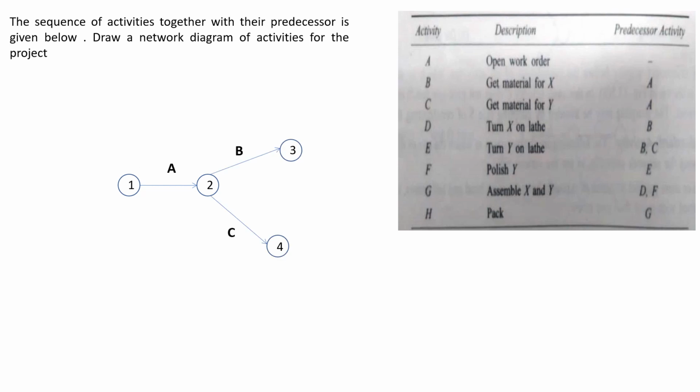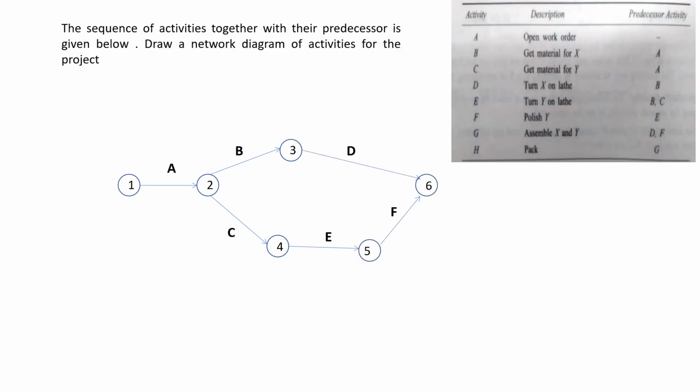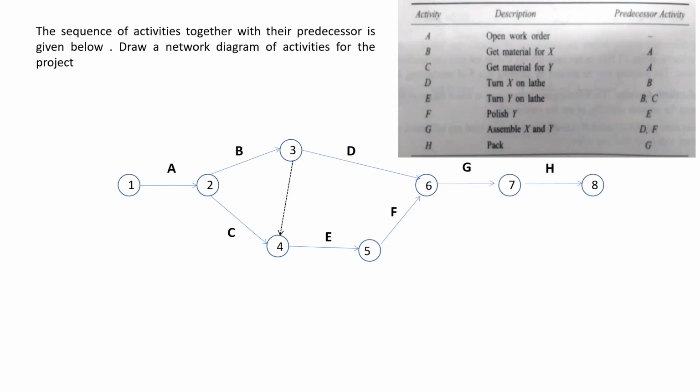Activity B's predecessor is A, activity C's predecessor is also A, activity D's predecessor is B, activity E's predecessor is C, activity F's predecessor is E, activity G's predecessor is both D and F, and also activity E's predecessor is both B and C. So we have to use a dummy here to represent this relationship.